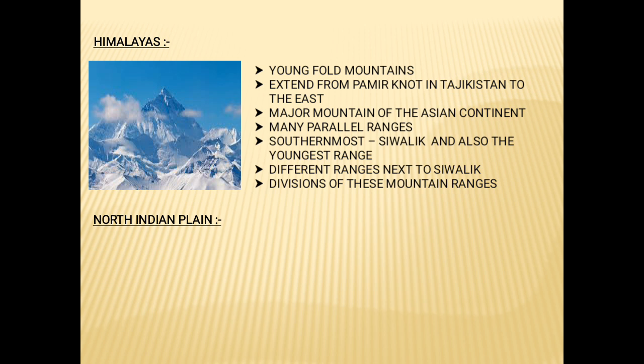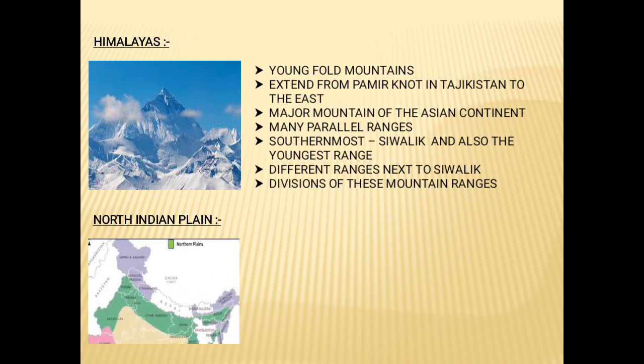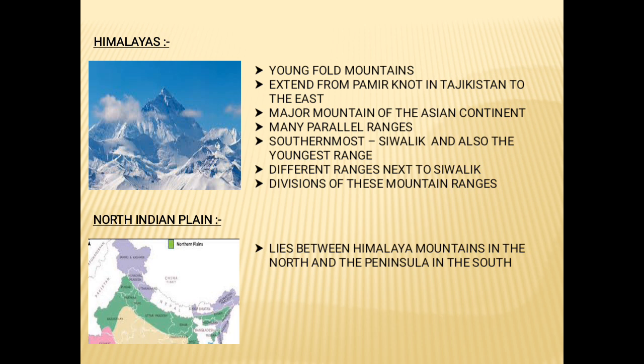Next, we study about the North Indian Plain. This division lies between Himalaya mountains in the north and the Peninsular in the south. Similarly, it extends from Rajasthan and Punjab in the west to Assam in the east.